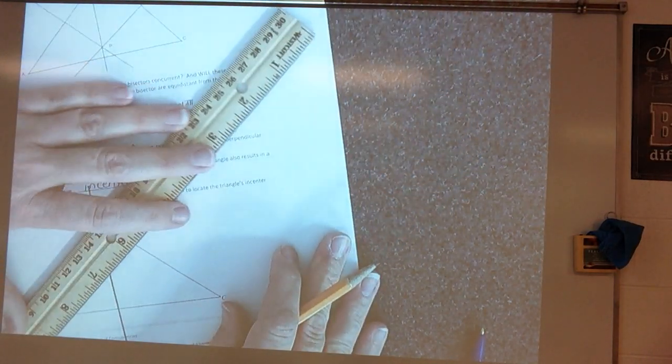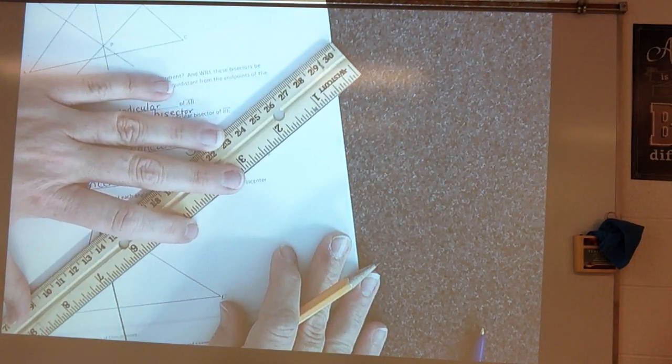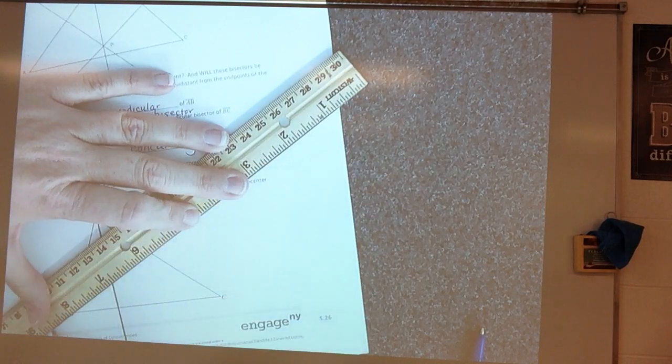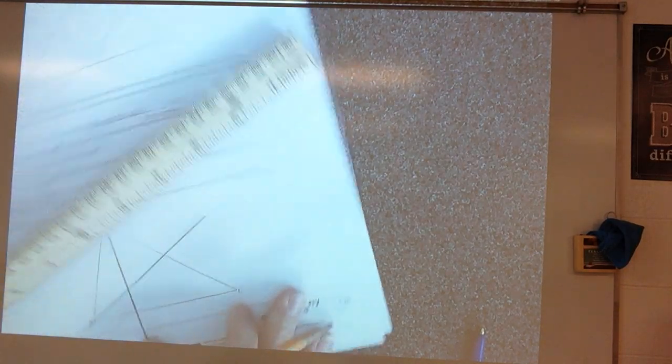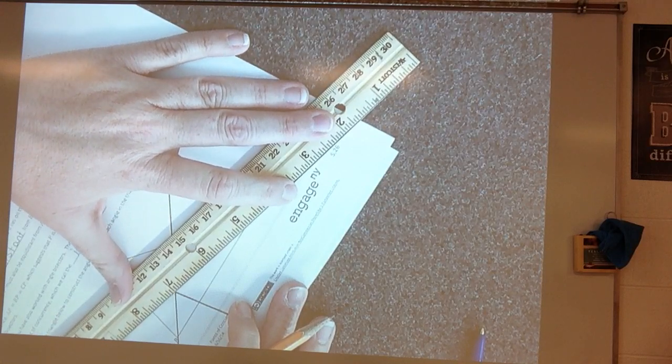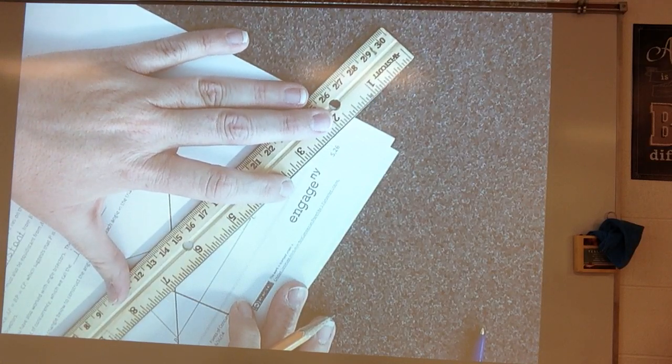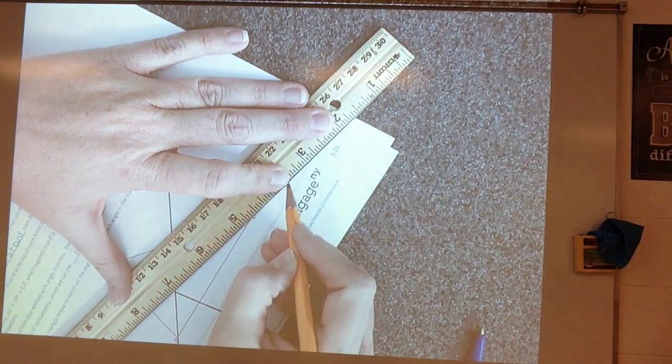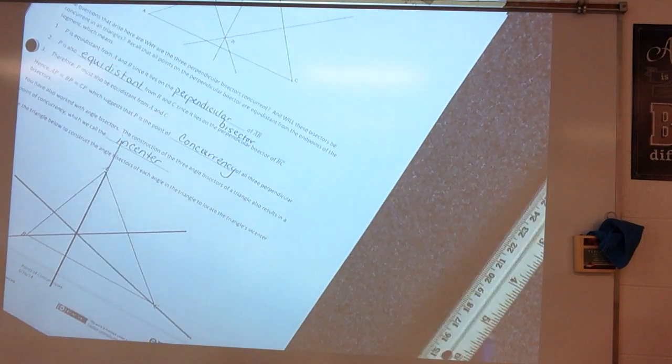So remember, a bisector divides the angle in half. What I would suggest you do is use your compass to figure that out.